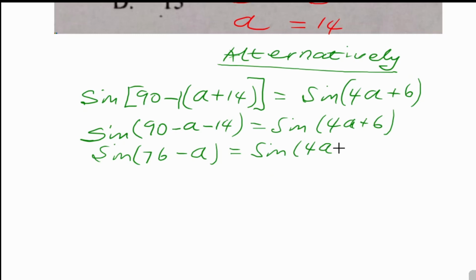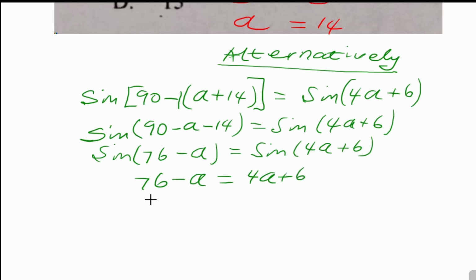4 alpha plus 6. Taking the sine inverse of both sides will take the sines away. So you're going to have 76 minus alpha being equal to 4 alpha plus 6.